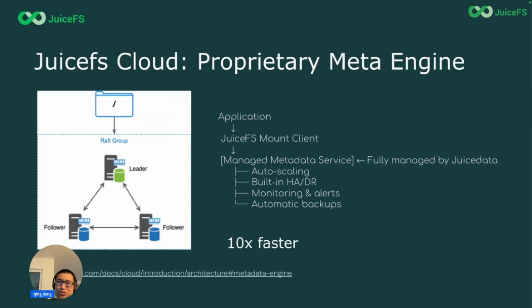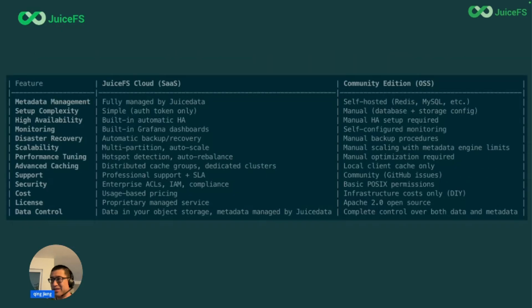And we also do security and automatic backup. And again, it's 10 times faster than Redis or other metas, which are only supported in the open source version of JuiceFS. Right, so that's the meta engine in our cloud services.